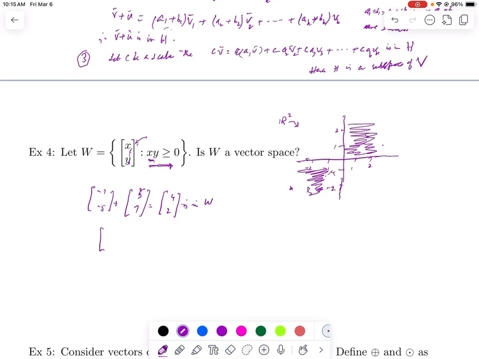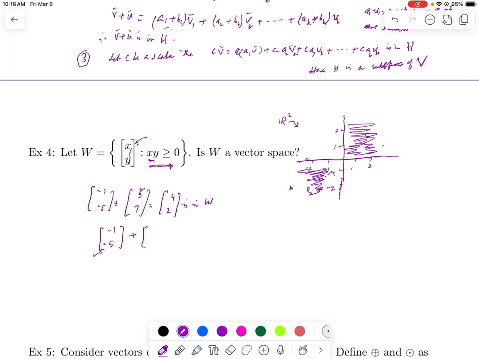But what about this one? This will be -3, and this cannot happen because this is not in the space. We cannot take something where one component is negative and the other is positive. So either both are negative, like in the first one, or both are positive.